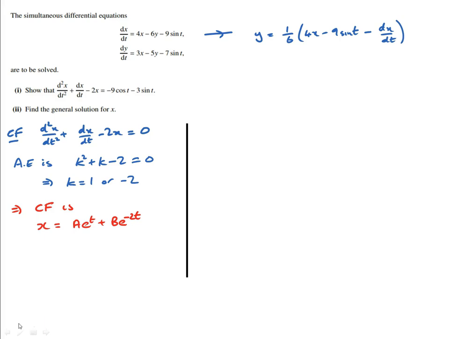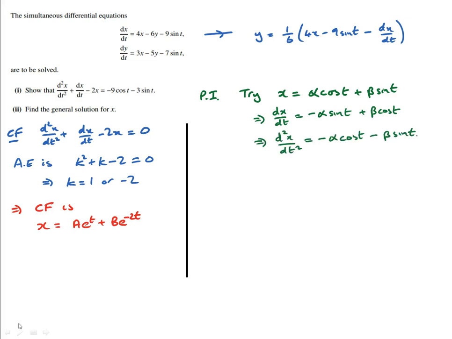Looking at the right-hand side of our differential equation, we can see that we have minus 9 cos t minus 3 sin t, so it would seem perfectly sensible to try and find a particular integral of the form alpha times cos t plus beta times sin t. In which case, dx/dt will be minus alpha sin t plus beta cos t, and d2x/dt squared will be minus alpha cos t minus beta sin t.